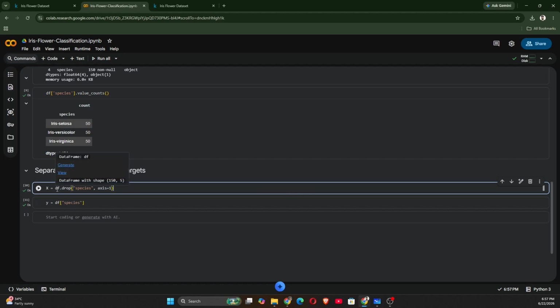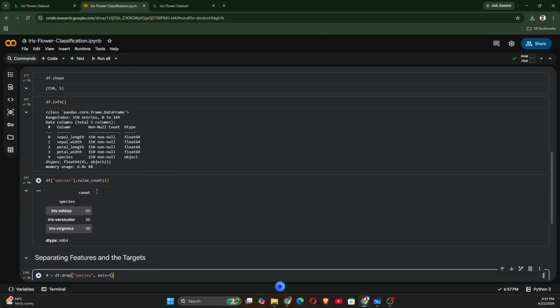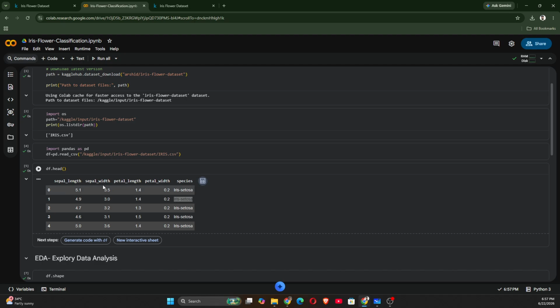Here X will have all the columns except species. X will have sepal length, sepal width, petal length, petal width, but not species. Why? Because we are predicting the species. We have to predict the species out of these 4. So X will have these and Y will be just species. Understand, this is the question and this is the answer, so they can't be together.